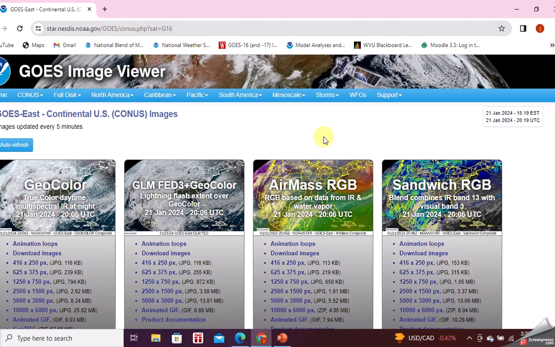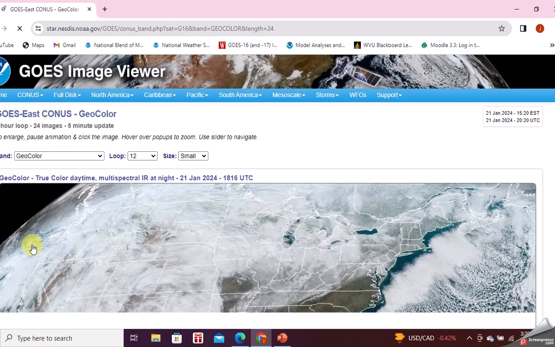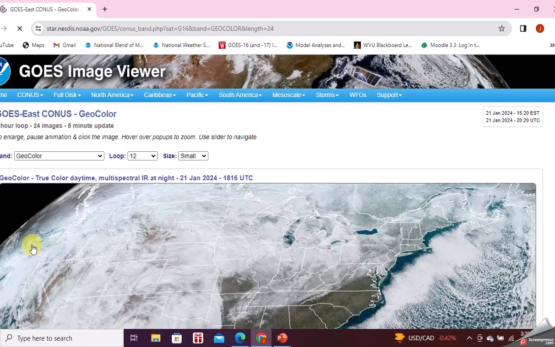For example, I could look at a visual image of the United States and part of the Atlantic. This will show you what is going on now, as if you were sitting in space looking out.